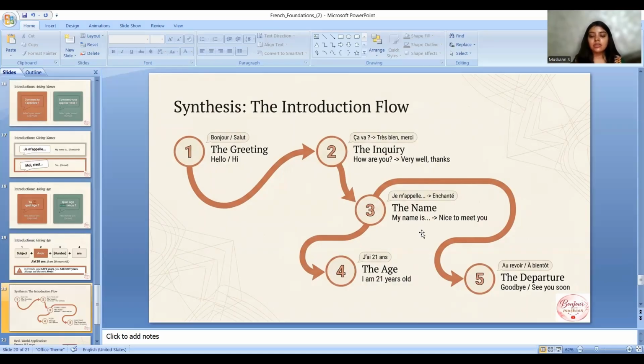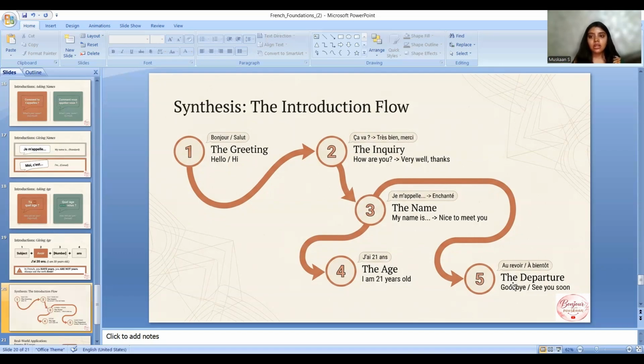Then third, you will ask a question and the answer will be Je m'appelle, my name is, then enchanté, nice to meet you. And then you will be asking age, quel âge avez-vous or quel âge as-tu. The answer will be J'ai 21, or whatever the age. And in the last, you will say the departure, au revoir, à bientôt, like goodbye and see you soon.